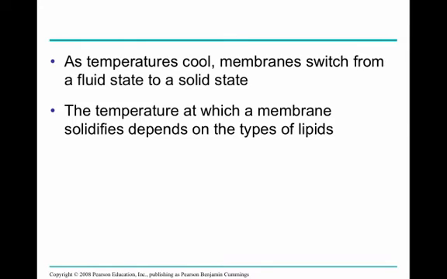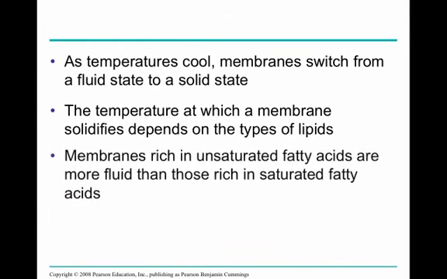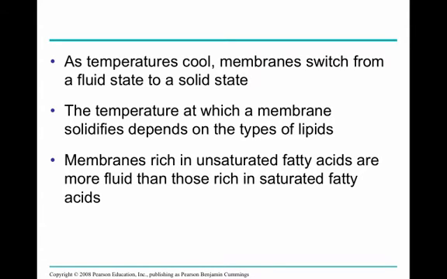The temperature that the membrane solidifies at is really dependent upon what lipid makes it up. So if you are living in a cooler environment, if you are an Arctic fox, or winter wheat, or something that lives where it's cold, you will have more unsaturated fatty acids in your membranes, because remember, unsaturated fatty acids are liquid at room temperature and will stay liquid longer than saturated fats.